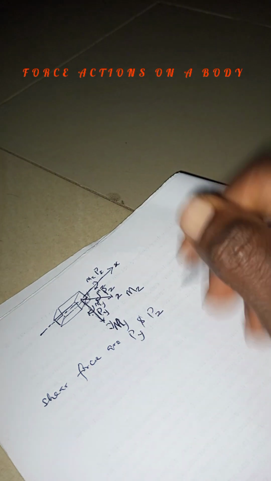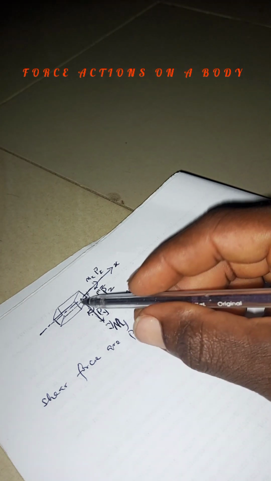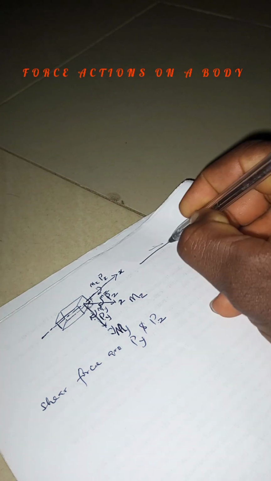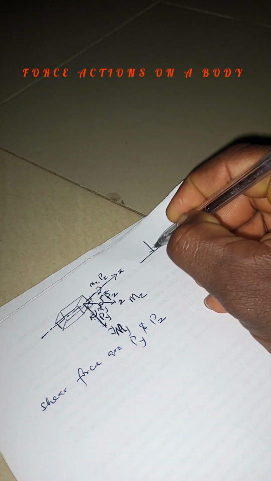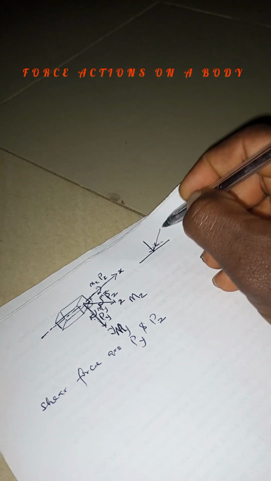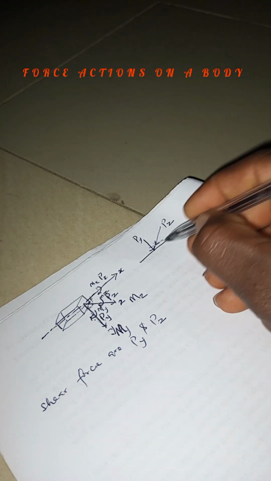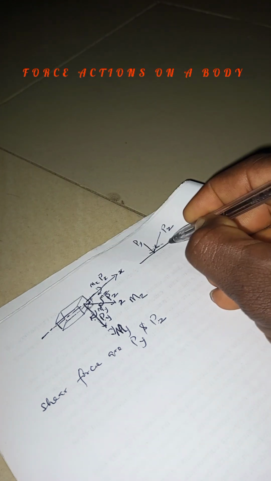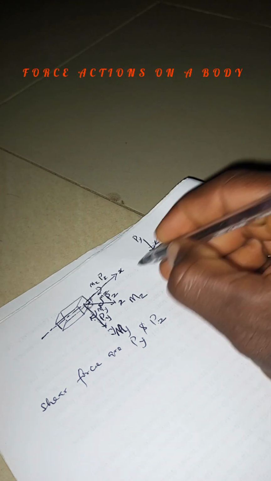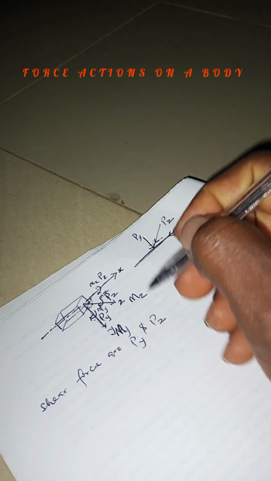So these Py and Pz are the shear forces. For instance, when you have something like this, this is Pz and this is Py. Maybe this is Px. This force is acting normal to this element axis.